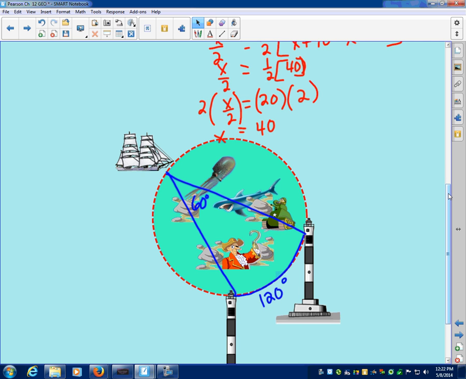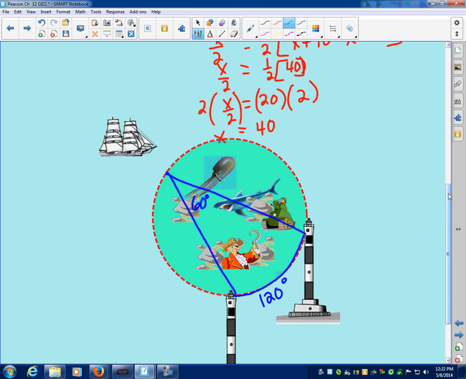If this boat's angle measured 60, he is right on the verge of entering the danger circle. If we pull it out here, though, and we end up with an angle measurement of 55 degrees, then there is an arc right here with a degree measure, so he's not right on it. As a matter of fact, we could find the degree measure here using our theorem that we just went over.